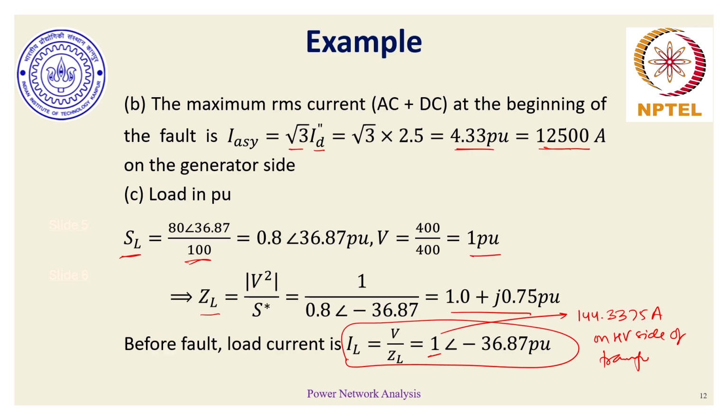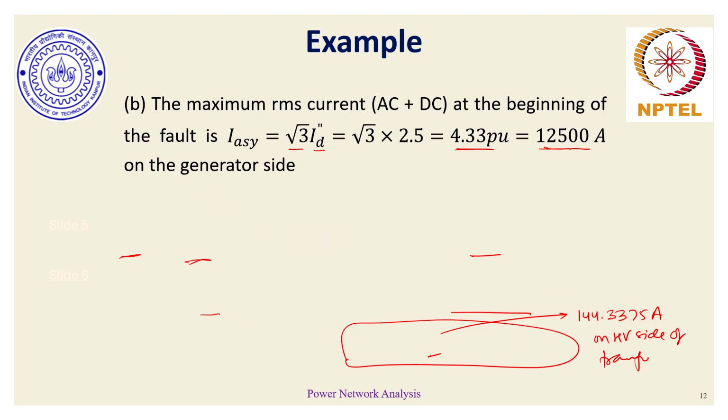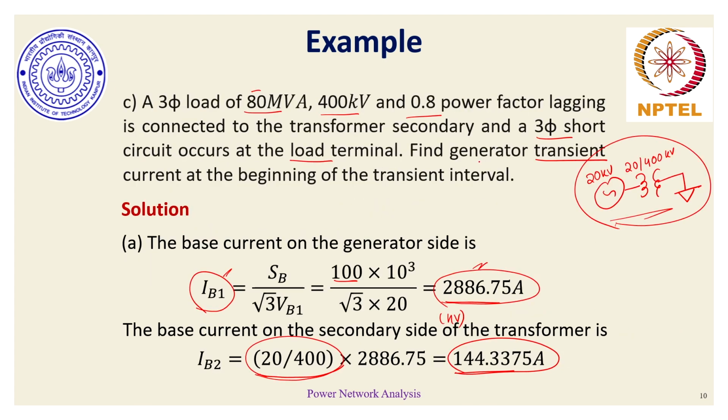Now, in the presence of this load, if a three-phase fault occurs, that fault would depend on the internal EMF of the machine. Specifically, the question is about finding the generator's transient current, not the steady state current. Since the load current is already present, we can find the internal EMF of the generator. Even if it is a cylindrical pole generator, we are neglecting the presence of XQ.